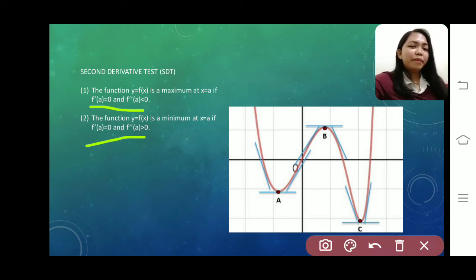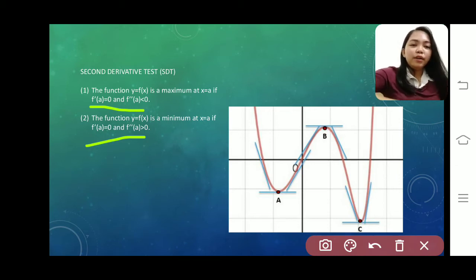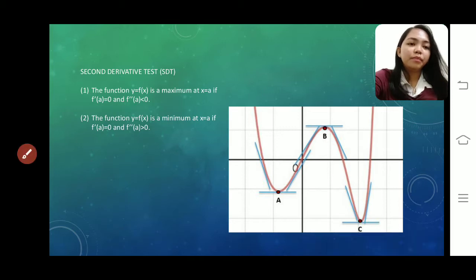So, ang parang mas madali dito, this test is much easier compared kay first derivative, since isa lang yung itetest natin, yung second derivative lang. Kunin lang natin yung value niya, then identify lang natin yung sign. So, we can identify the value if it is the maximum or minimum.